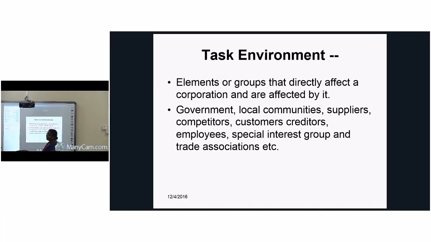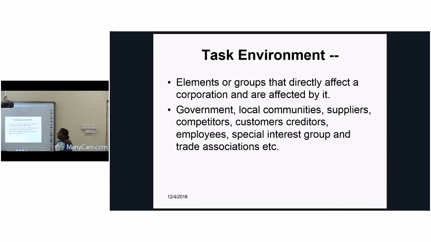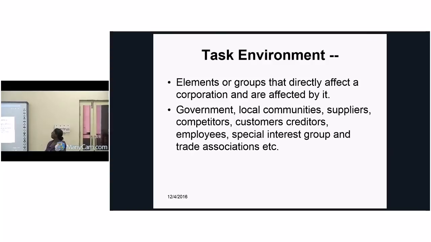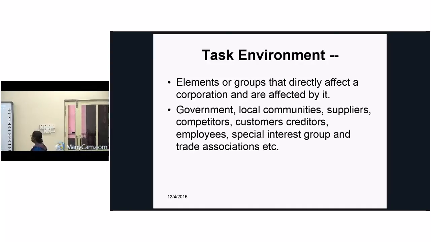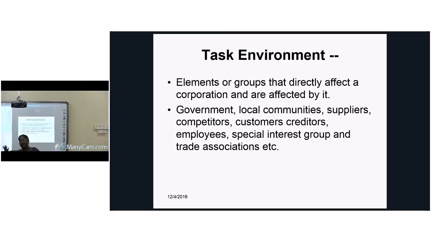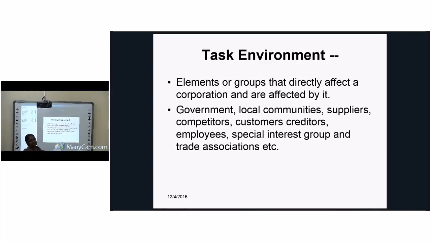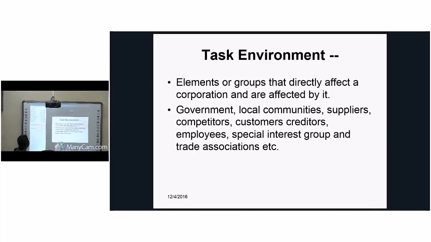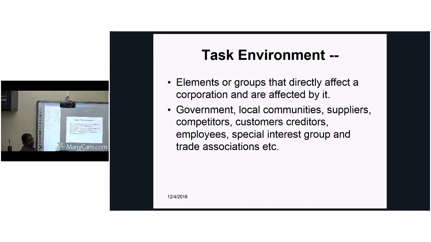So then the task environment. The other segment in the external environment is the task environment. Elements or groups that directly affect the corporation and are affected by it. Task environment has a direct relationship with the firm. But the societal environment has an indirect relationship with the firm, while the task environment has a direct effect, right?